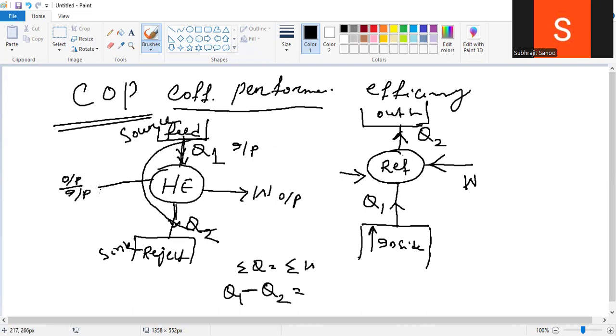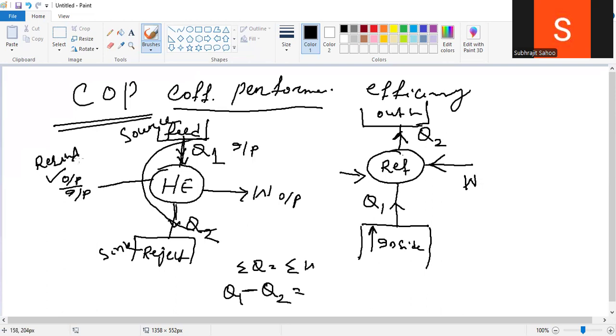Here, observe. What is the output in this case? Don't judge output from the arrow mark. It is not that an arrow pointing away means output and an arrow pointing in means input. Output is nothing but the requirement.